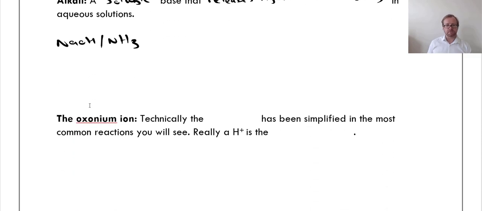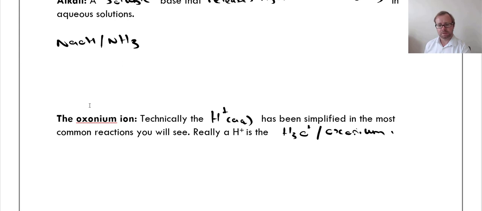Quick point. The oxonium ion, you may see this word and wonder what it is. Technically the H plus of an acid has been simplified in the most common reactions you will see. Really, a H plus is the H3O plus, the oxonium ion.